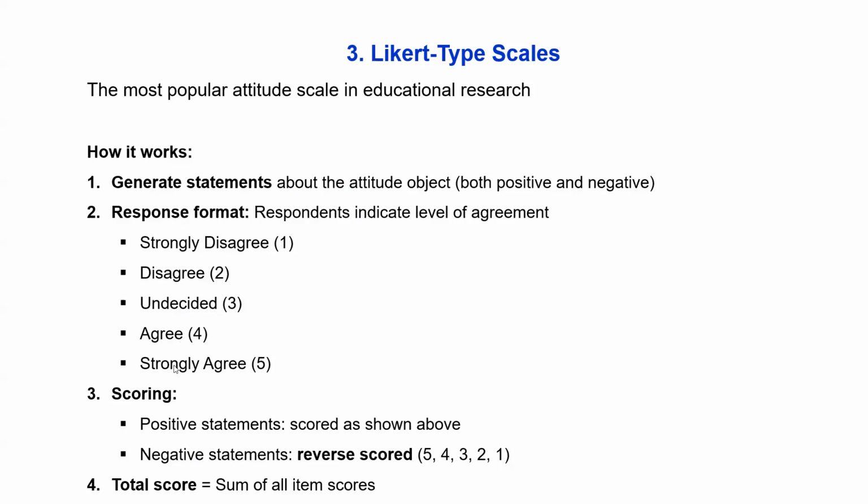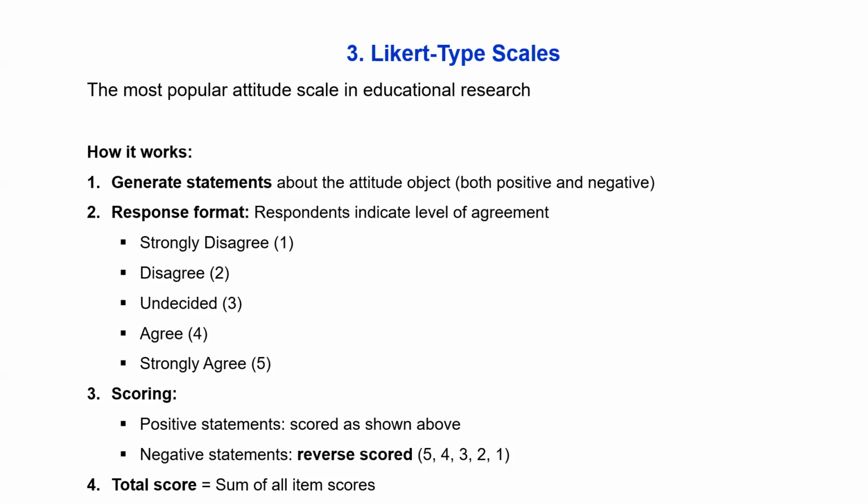Strongly agree means 5 marks for the positive statement. If the statement is negative, reverse code. Strongly disagree means 5 marks. Disagree means 4 marks. Undecided means 3 marks. Agree means 2 marks. Strongly agree means 1 mark.